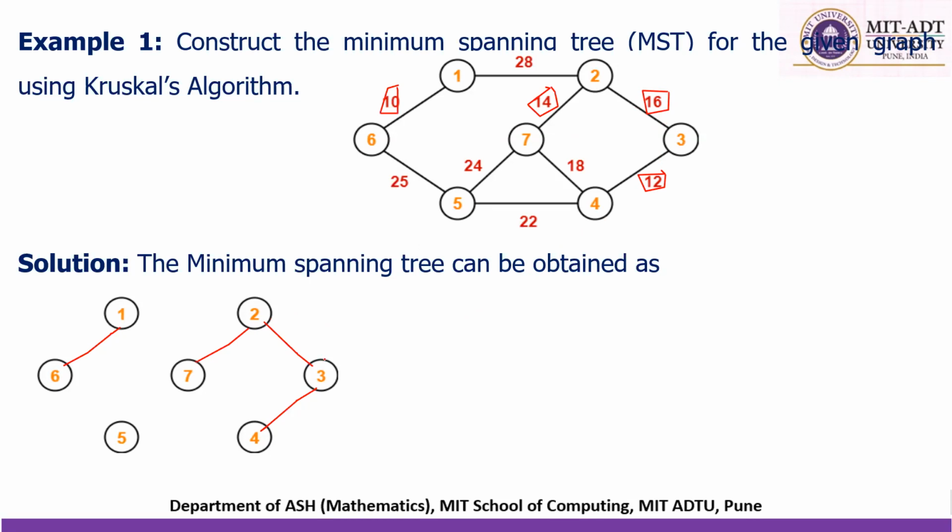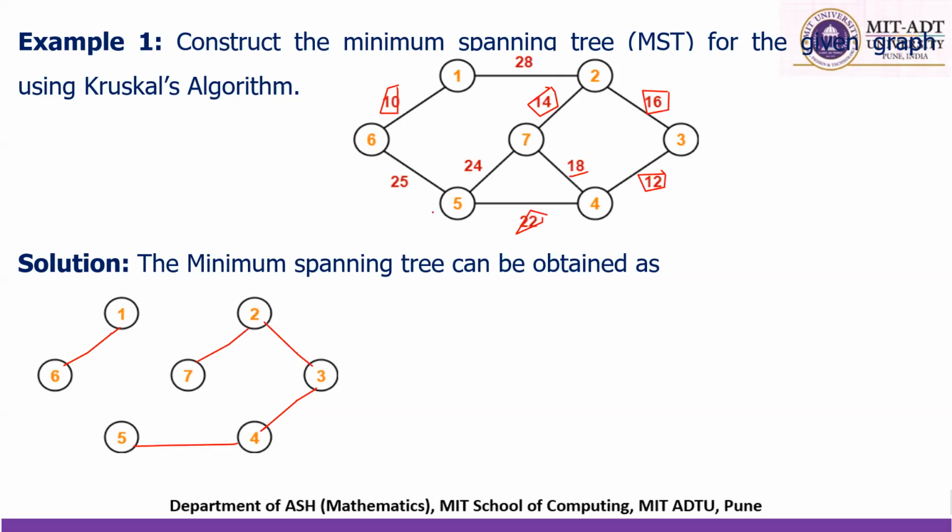Now, after that, 18 is the minimum weight. But if we add 18 over here, this will create a loop, so we cannot take 18. What is the next minimum? After 18, 22 is the minimum weight, so we add 4 and 5.